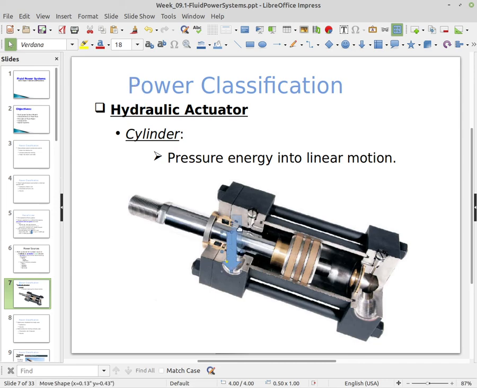So we put pressure in here, or put oil, high pressure fluid in here, and it pushes the actuator down and pulls it into the cylinder. Or we can push hydraulic fluid down on this lower side, and that will then push the hydraulic cylinder out and make it extend.